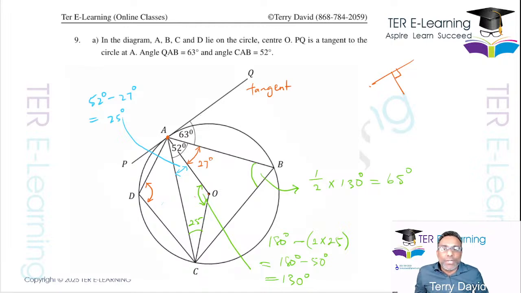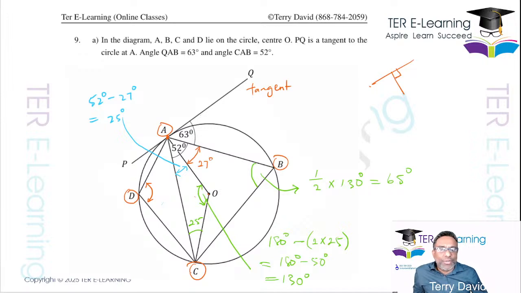People are saying it's 115. Anybody know why it's 115? Some people say they know why. If you look at this, we have D, A, B, and C. Those points all lie on the circumference of the circle, so that makes that figure a cyclic quadrilateral.